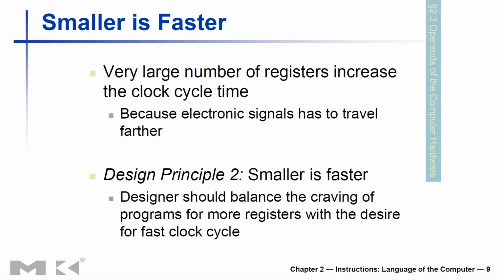So designers should balance the craving of programs for more registers with the desire for fast clock cycles. ARM has decided to have only 16 registers, looking at both these ends. So smaller is faster. This is the design principle too.